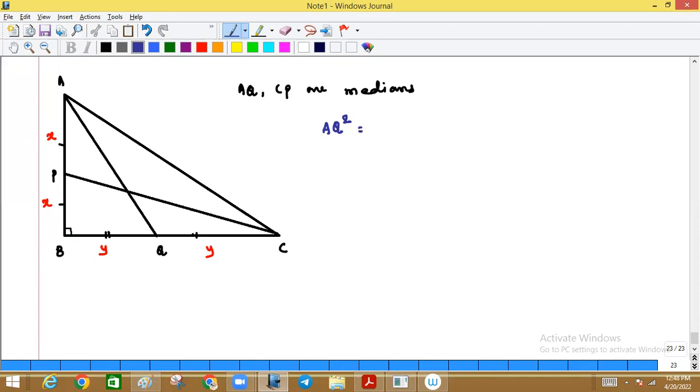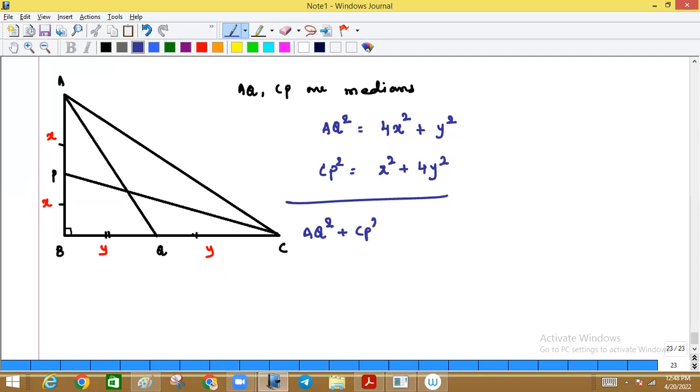So 2x whole square means 4x square plus y square. What is CP square? X square plus 4y square. Therefore, AQ square plus CP square is equals to 5 times of x square plus y square, right?